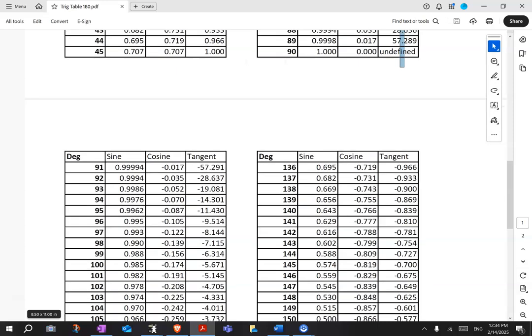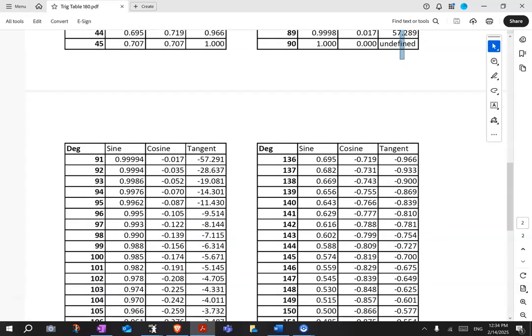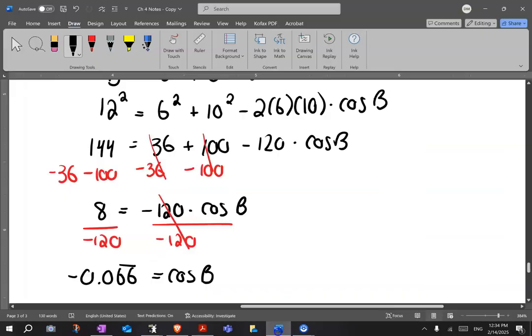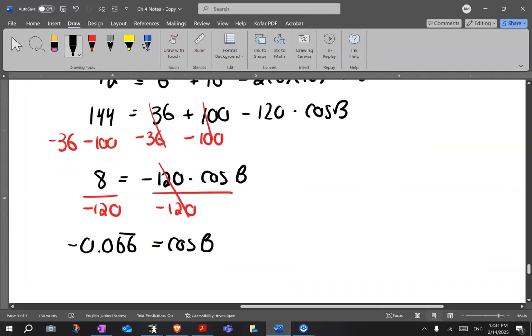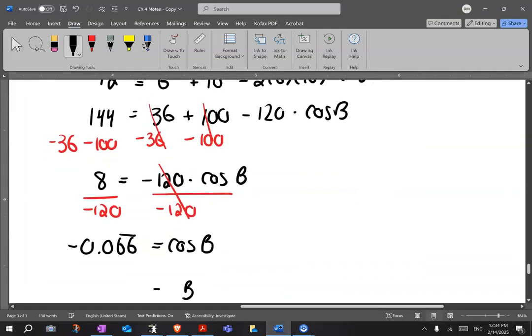So cos is negative over here. 0.66. Okay, this 0.70. No, I was 0.66. I'm 4 away. That's 94. I'm just going to use that. 94 seems reasonable. So B would then be 94 degrees.